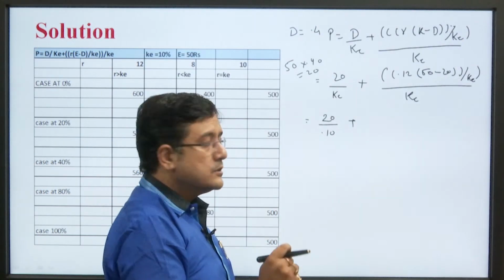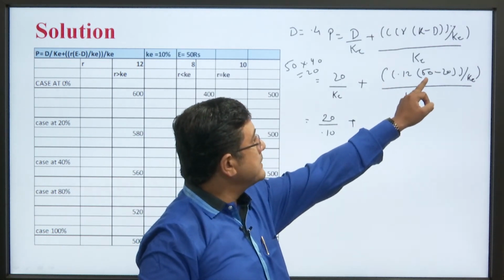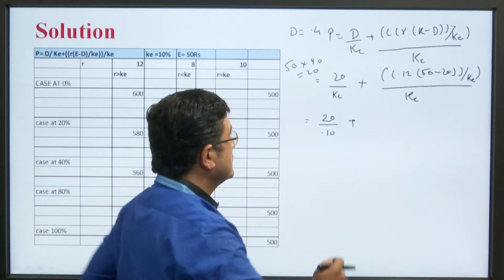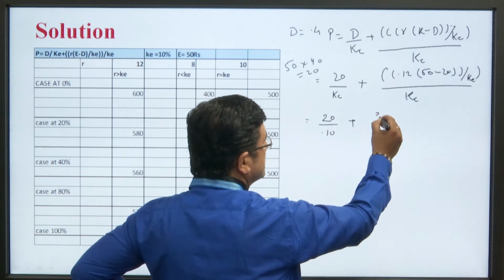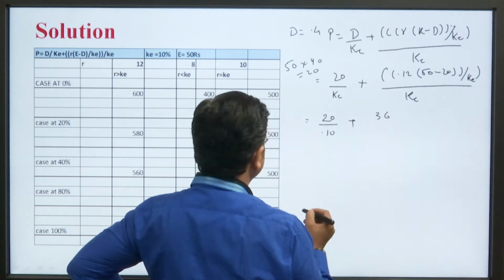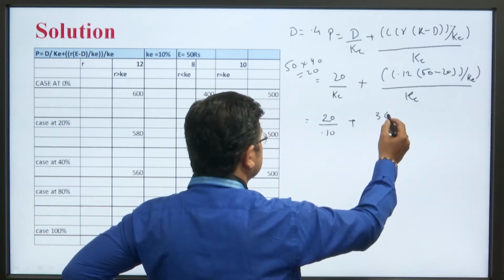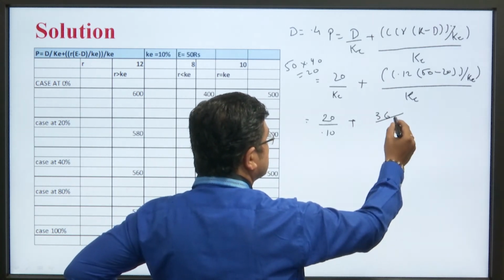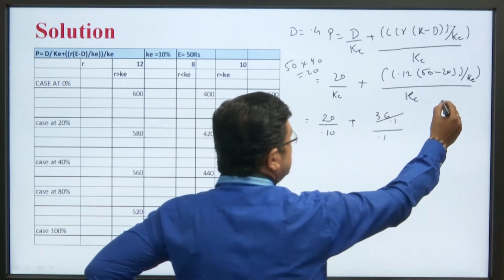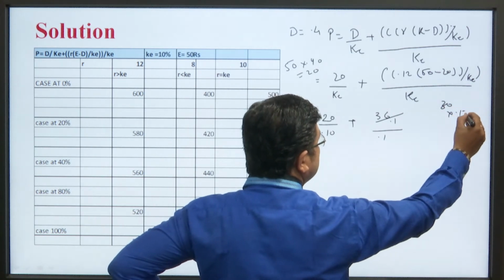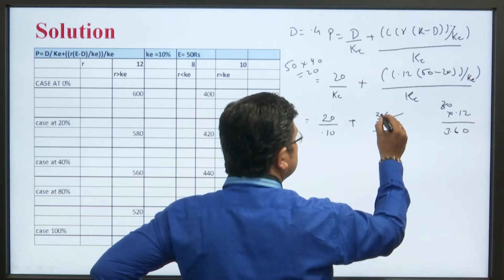Here first open the bracket: 50 minus 20 is 30, 30 into 0.12, 3.6. So, 30 multiplied by 0.12 is equal to 3.6.